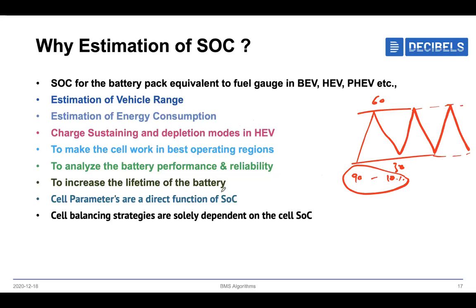And to analyze the battery performance, reliability and lifetime, the important things are the cell parameters: R0, which is the internal resistance of the cell, R1 and C1. Why I'm talking about these electrical terms is that there are lithium-ion cell models that were developed to understand the dynamic characteristics of the cell.